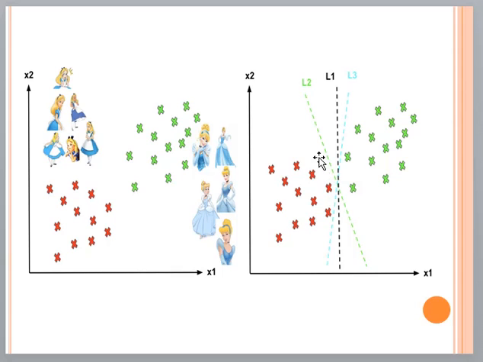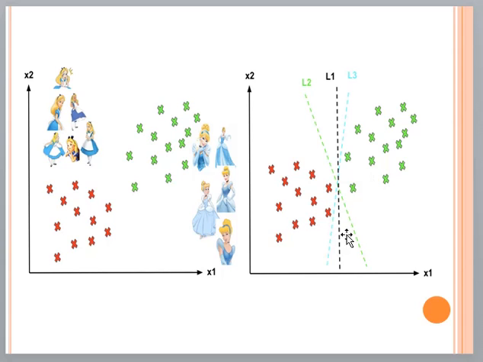Now there is also a possibility that I can have another decision boundary or hyperplane, named here as L3, and I can draw it in this direction. This decision boundary L3 is also successfully achieving its objective, and the objective is the same: it is basically separating these two sets of data into two different categories.